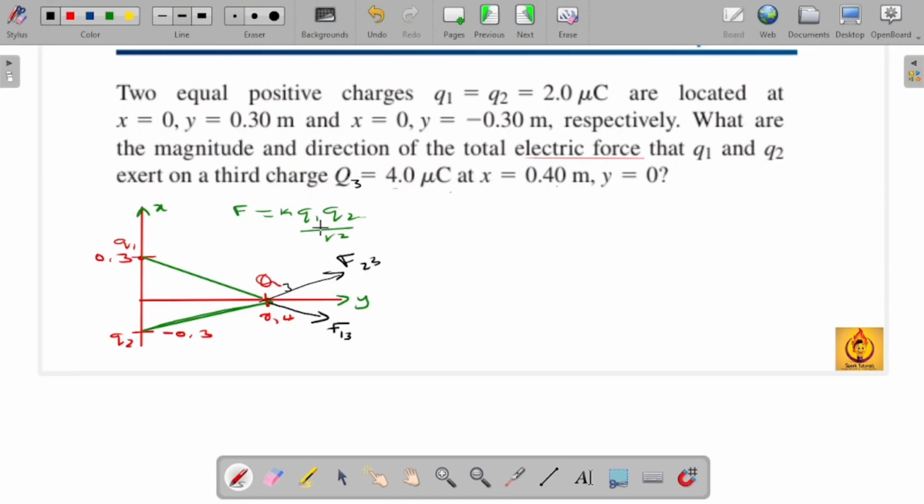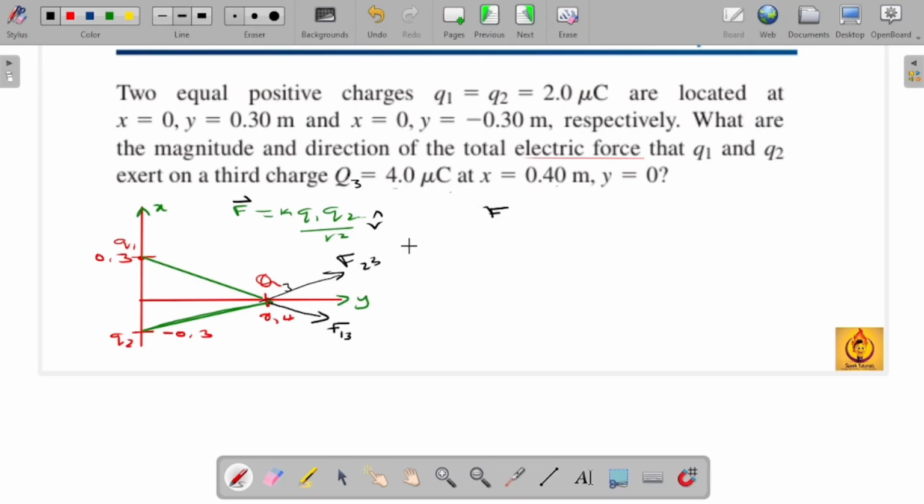In this formula, you would put the arrow on the F and then show that there is a unit vector associated with it. Now let's find these forces one by one. I realize that when we combine them, it makes stuff complicated.